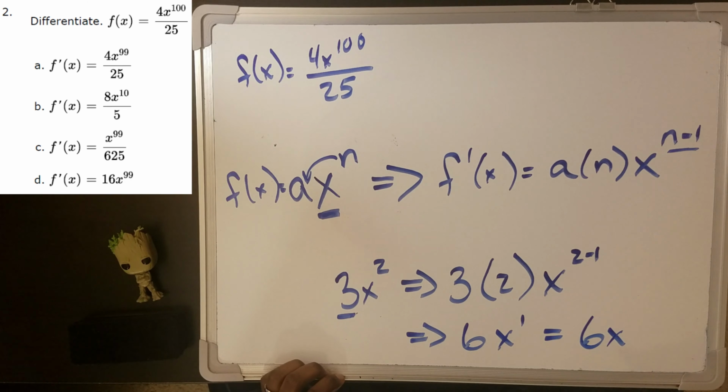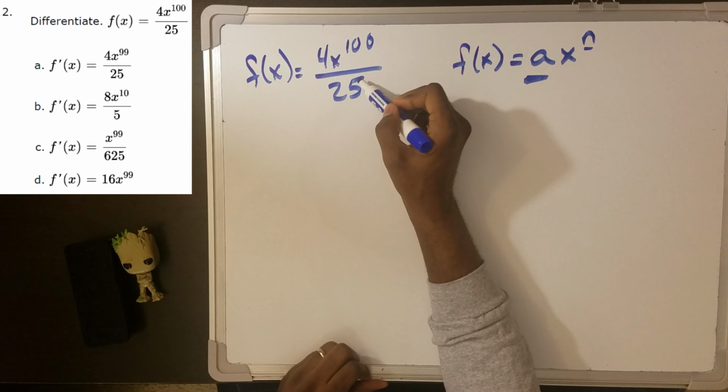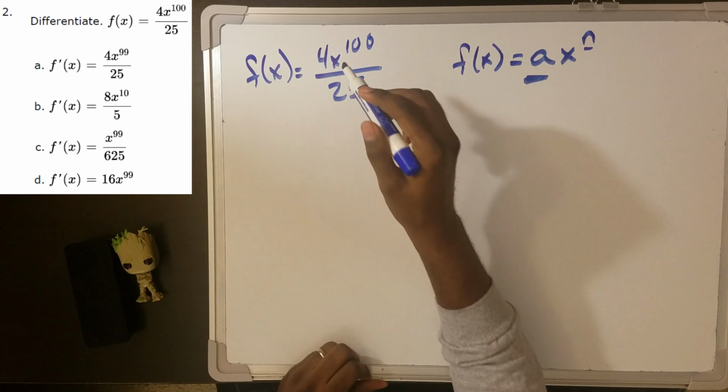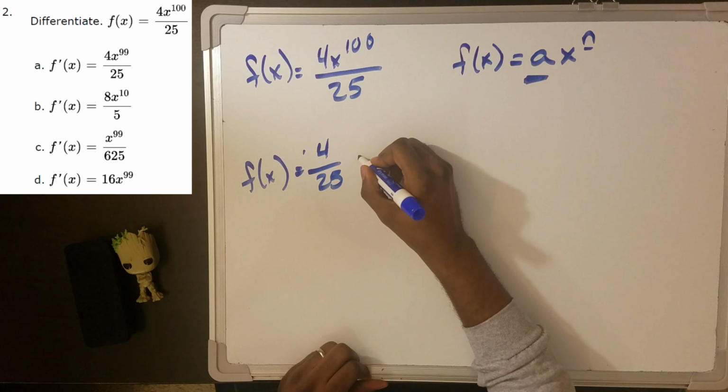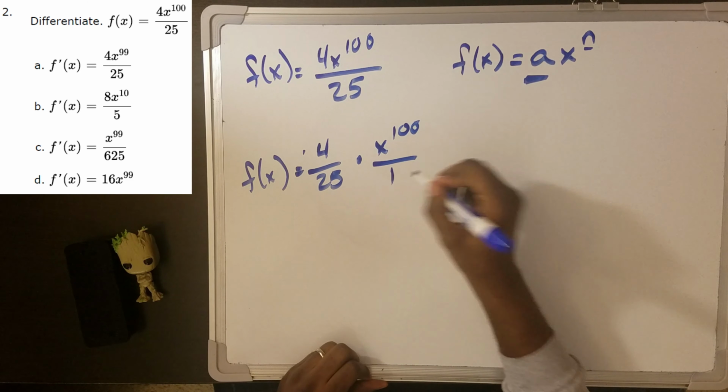We know that 4x to the 100 is all over 25. That means we can break this up into fractions, in which f of x equals 4 over 25 multiplied by x to the 100 over 1.